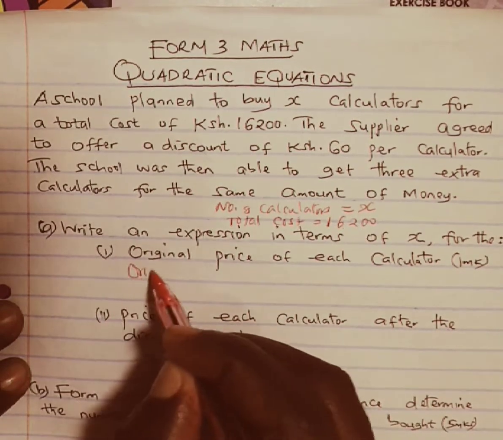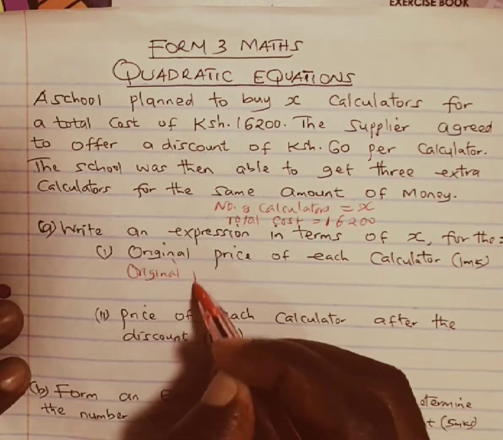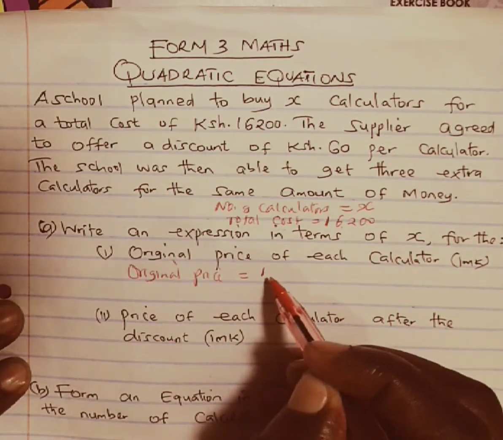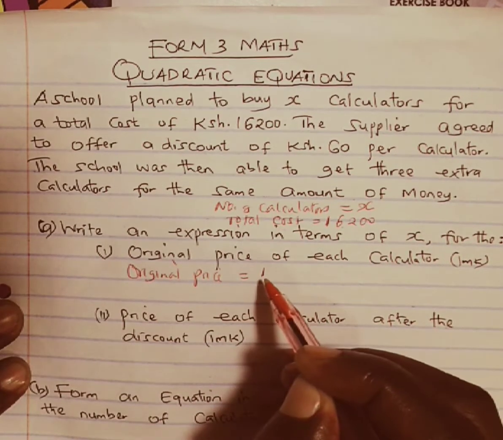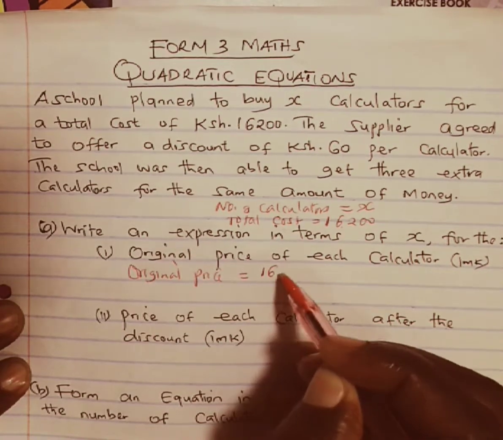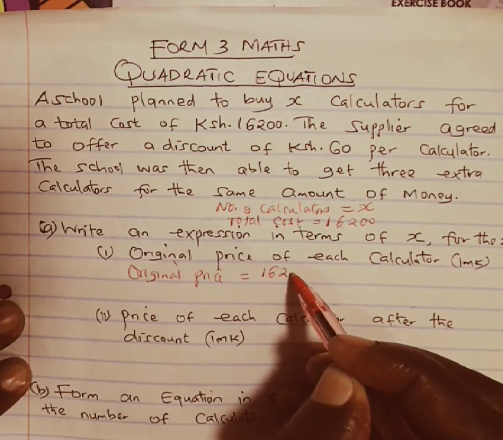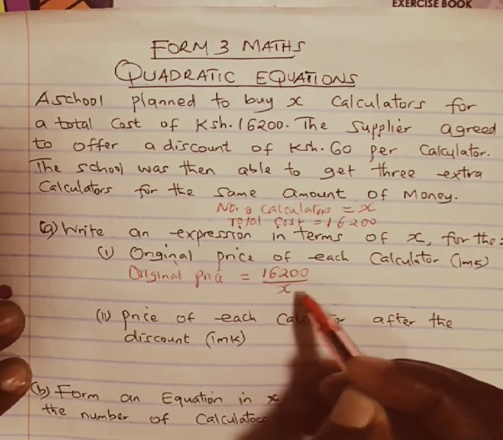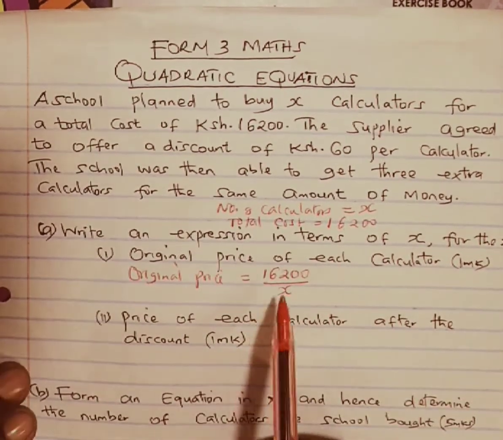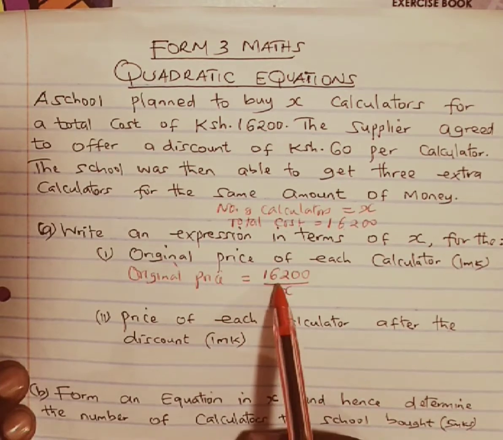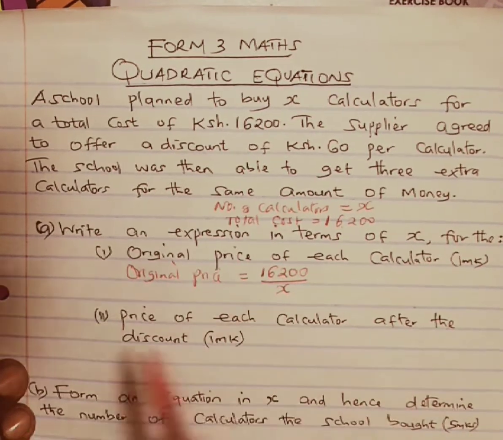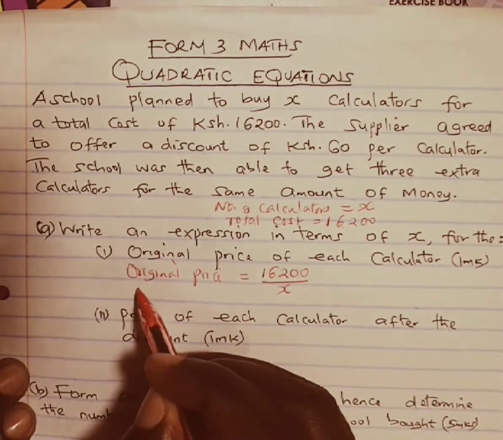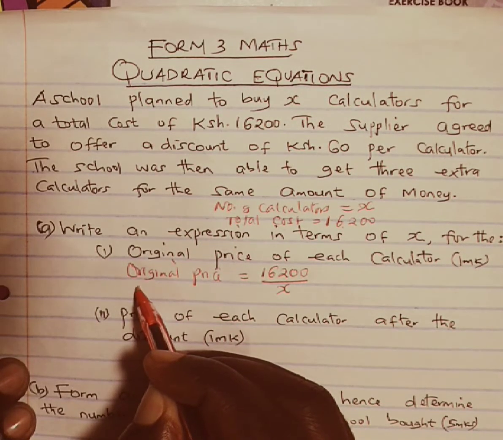So the original price will be equal to the total amount to be spent, which is 16,200. You divide by the number of calculators to be bought. By so doing, you will get the price of each calculator. That is the original price of each calculator.